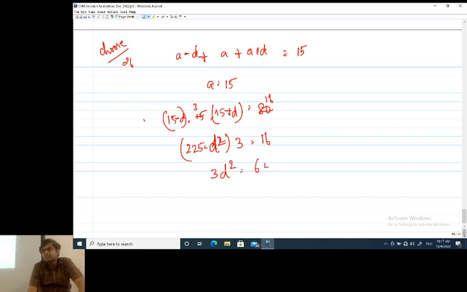So D squared is 659. Bring this 3 below as a divisor. இதனுடைய ஸ்கொயர் ரூட் D.